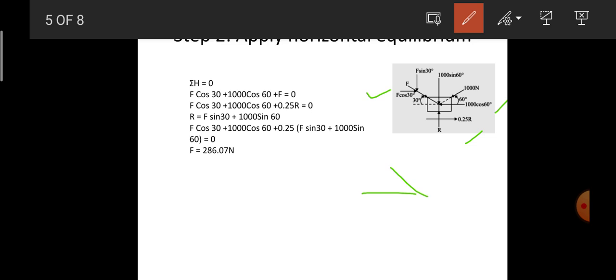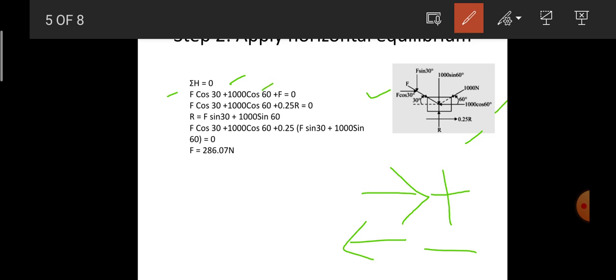I take right side forces as positive and left side forces as negative. Sigma H, the summation of all the horizontal forces, is equal to 0.